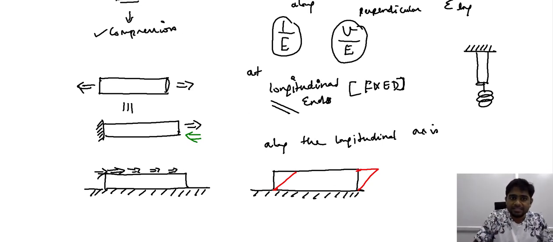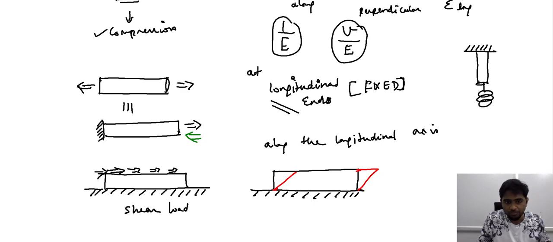Now this stress or this load that we impose along the surface of a given material when the material is fixed along its longitudinal axis is what we call shear load or shear stress. And the response that we observe is a response to this shear load or shear stress.